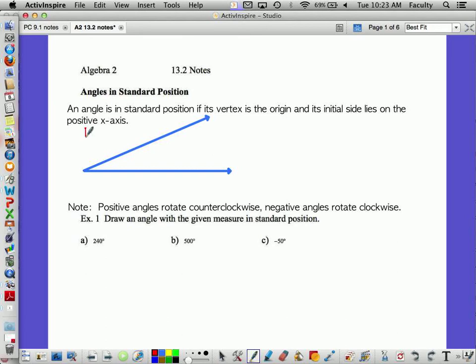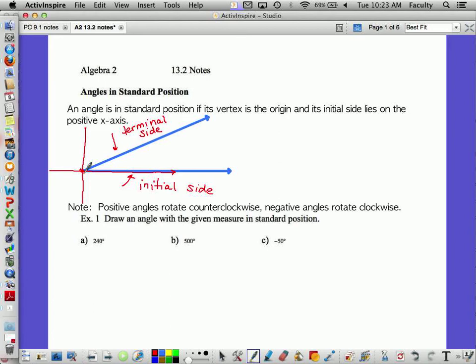So what that means is if I draw the x and y axis, this is called the initial side, and where you're rotating to is called the terminal side. And it's in standard position if you're starting with the initial side on the positive x-axis.